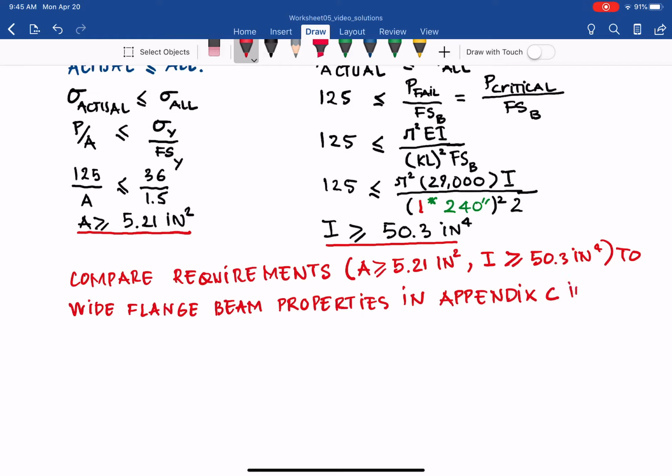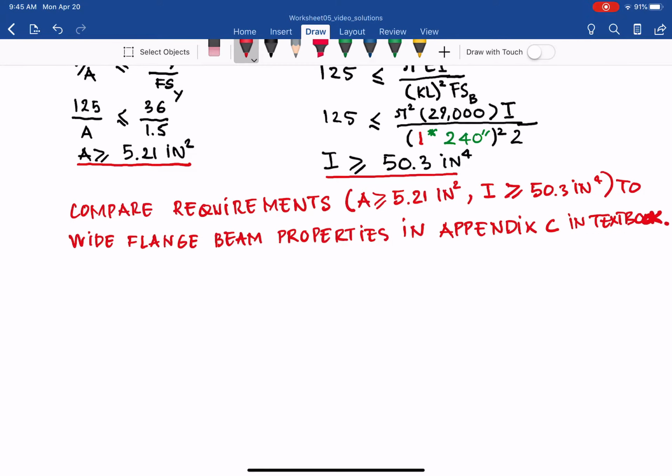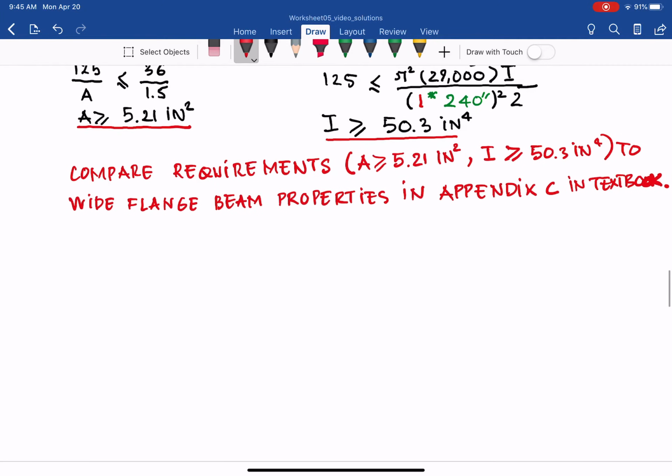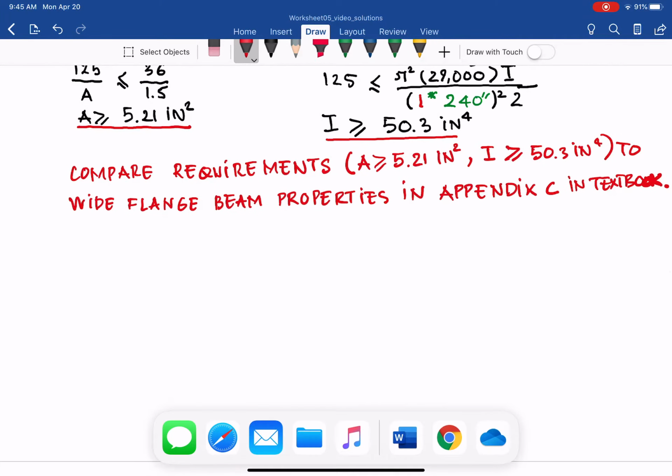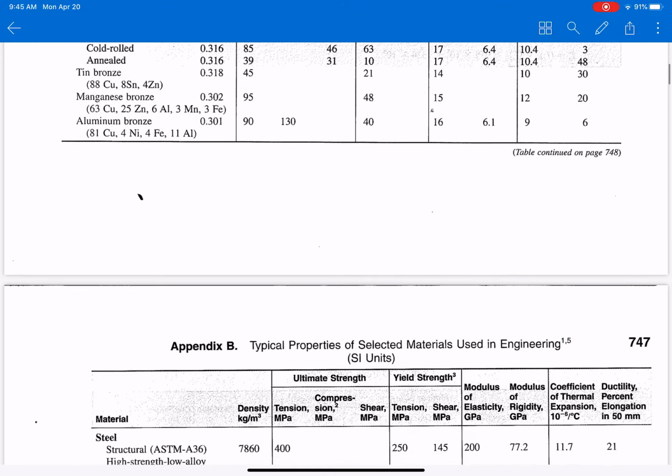Appendix C is in the textbook and available on Canvas. So right here, let me orient to Appendix C, and then we get the answer for this problem. This is Appendix B, and now let's go down to Appendix C.